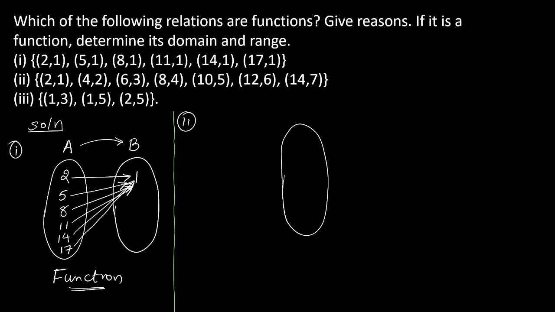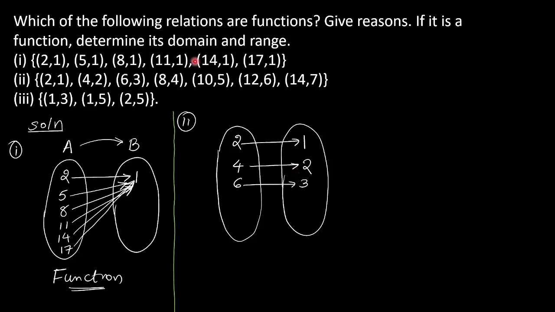Draw a much larger diagram because we have to accommodate more elements inside this diagram. Look at this. 2 comma 1 is there, meaning that 2 is related to 1. 4 comma 2 is there, 4 is related to 2 in the other set. 6 3, meaning that 6 is related to 3. 8 4, it's a simple one, 8 is related to element 4. 10 5, 10 is related to 5. 12 6, 12 is related to 6.